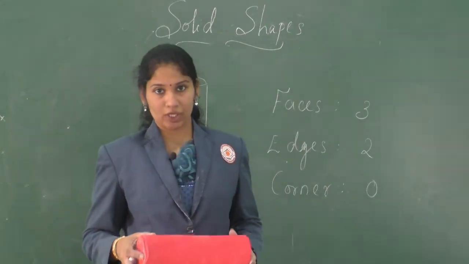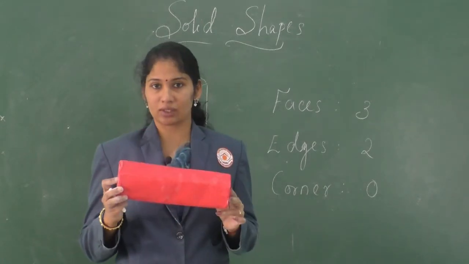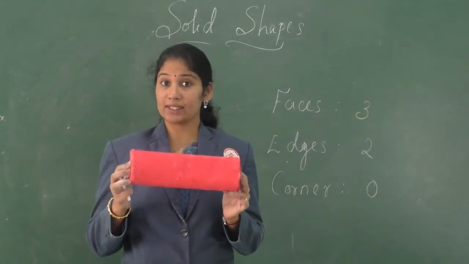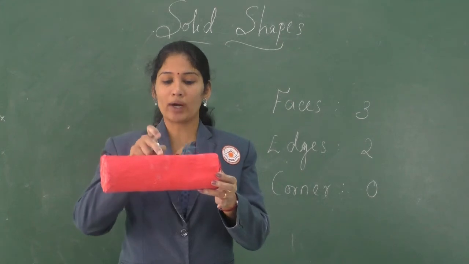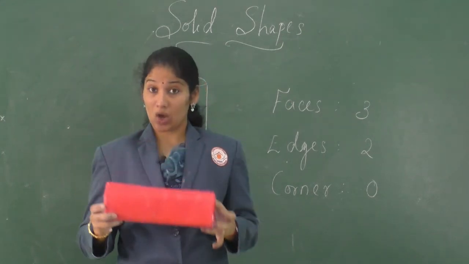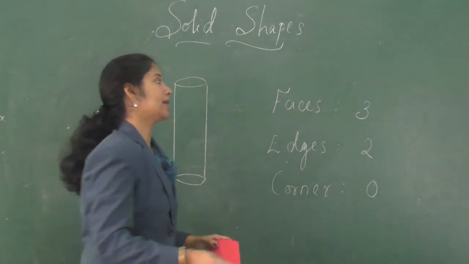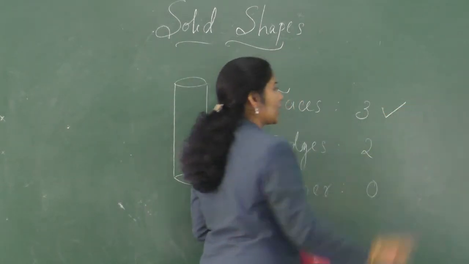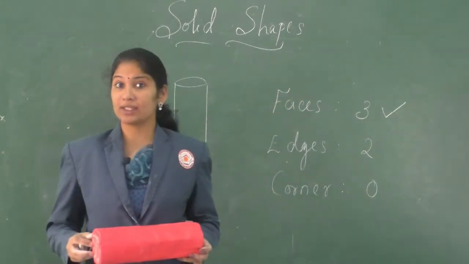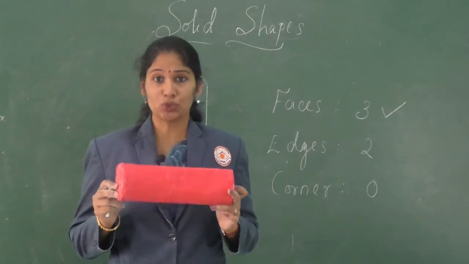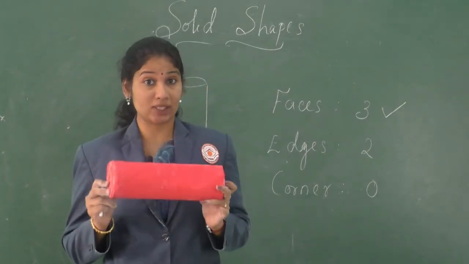Children, we'll take another shape. Yes, it's a cylinder. How many faces are there in a cylinder? Yes, 1, 2, 3. And how many edges are there? Yes, 2 edges. What is meant by edges?